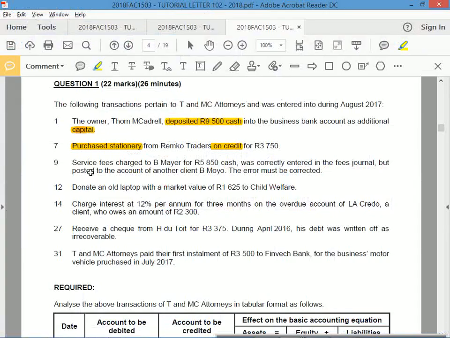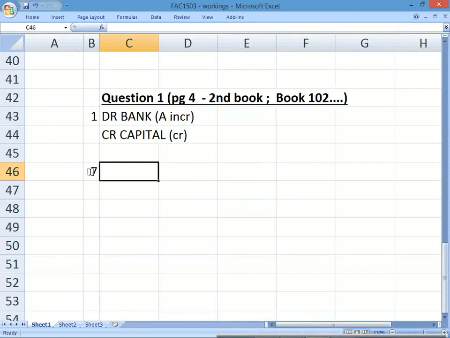So what did I buy? Stationery. Stationery is an expense. Stationery is increasing because I'm recording an expense, and it would be debited, exactly. So let's wrap that up and put this here. Debit stationery expense.